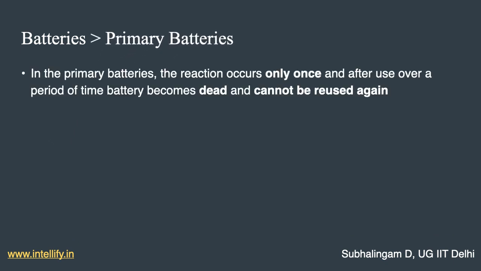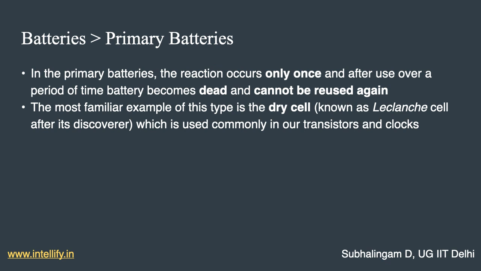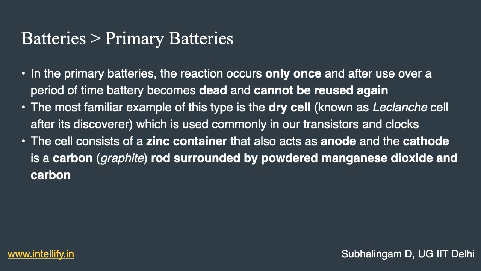So what are these? In a primary battery, the reaction occurs only once, and after use, over a period of time, the battery becomes dead and cannot be reused again. The most familiar example of this type is the dry cell, which is used commonly in transistors and clocks.